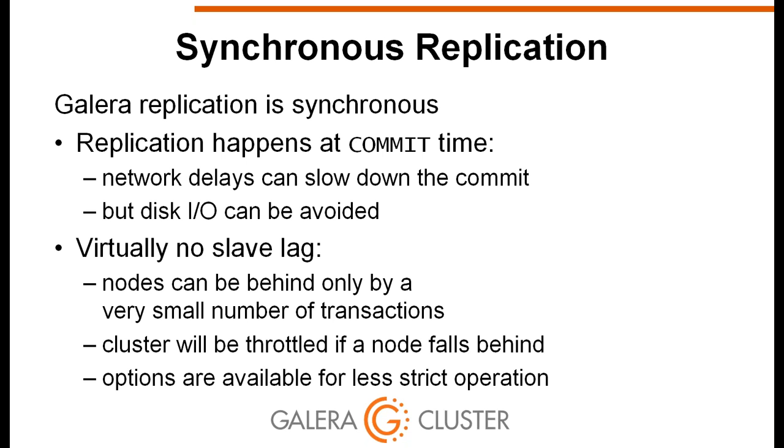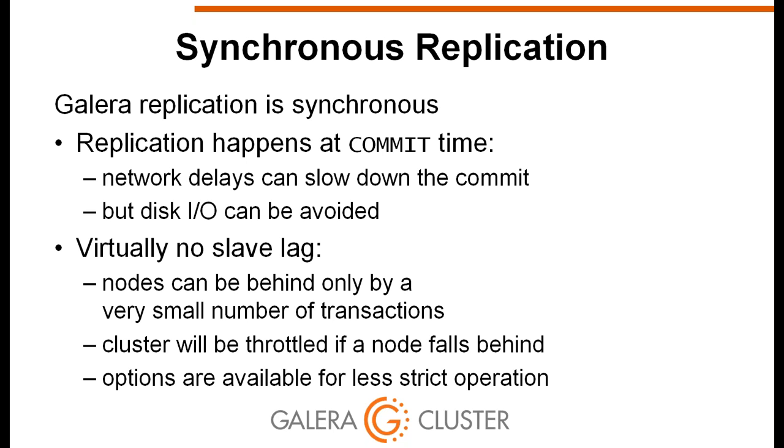And this has the practical implication that if your current replication topology exhibits a lot of slave lag, when you migrate to Galera, your master will start to be throttled in order to make up for those slower slaves.